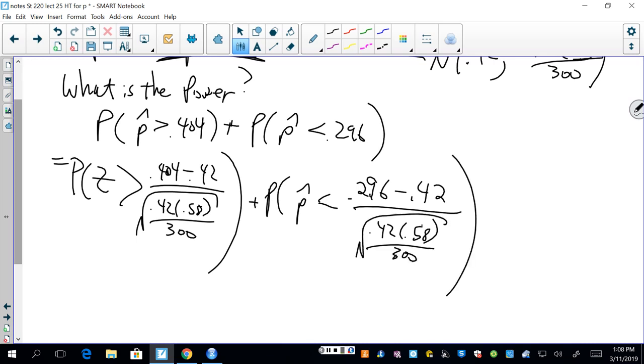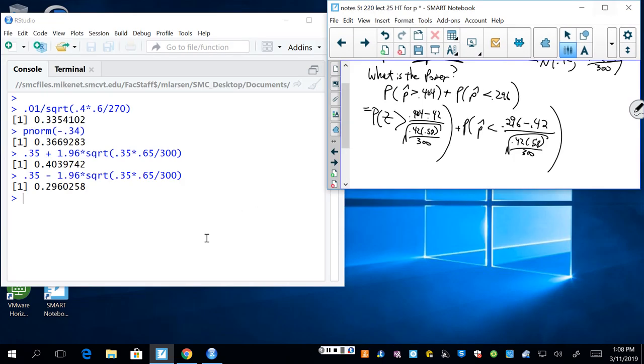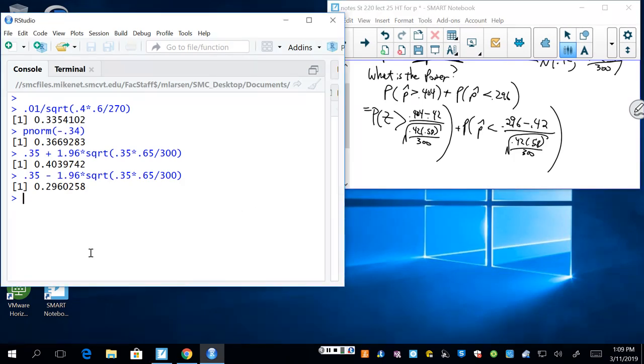These are z values. Let me see if I can do this again. So 0.404 minus 0.42 divided by the square root of 0.42 times 0.58 over 300.